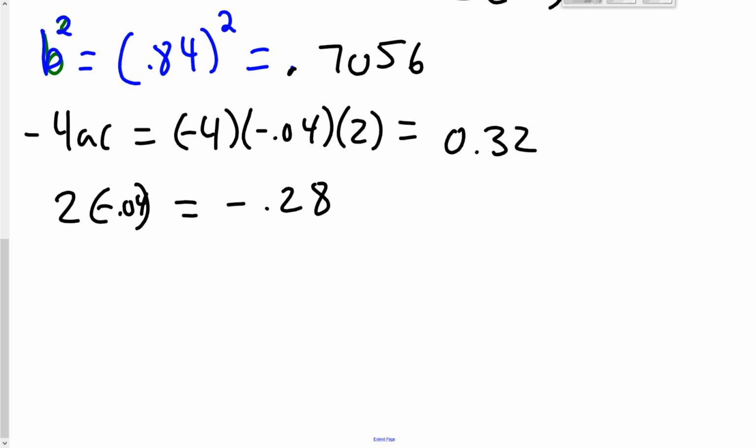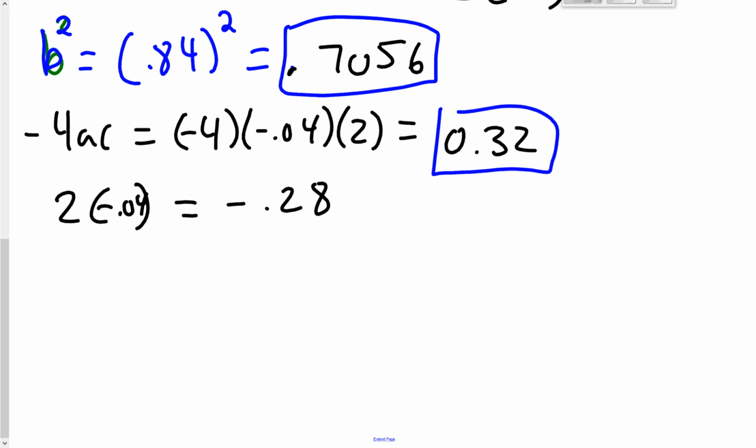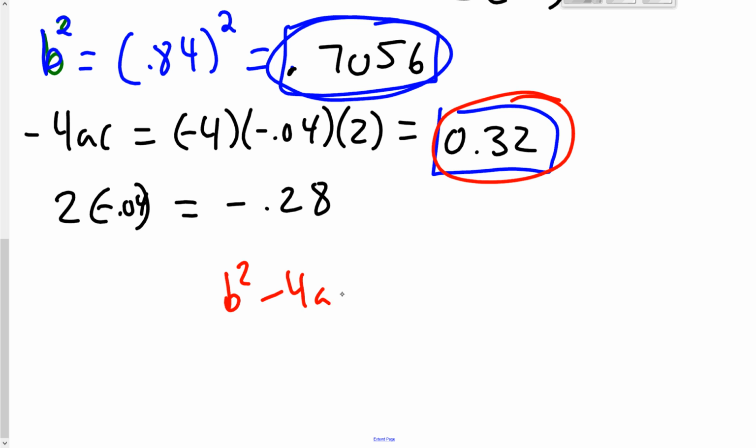Now I'm going to take those numbers. I'm going to take this one, and I'm going to take this one, and because those are both positive, I'm going to add them, right? This one's always going to be positive right here, this one could be negative, and if it's negative, then you subtract these two numbers, because remember, it's b squared minus 4ac, right? So that means these two terms, you're adding or subtracting them, okay?